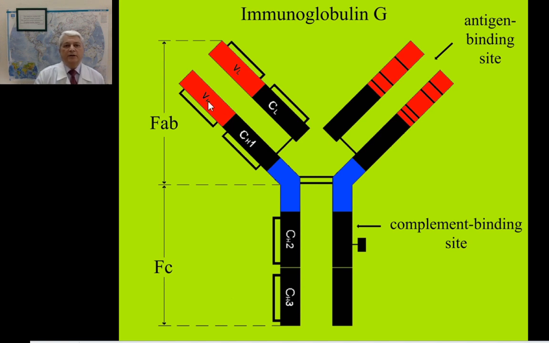Different domains, for example VL and VH, can interact with one another by hydrophobic bonds, as well as CH1 with CL and CH3 with CH3, but CH2 cannot interact hydrophobically with another CH2 because of the presence of carbohydrates between these two domains, and we shall see this on one of the next pictures.